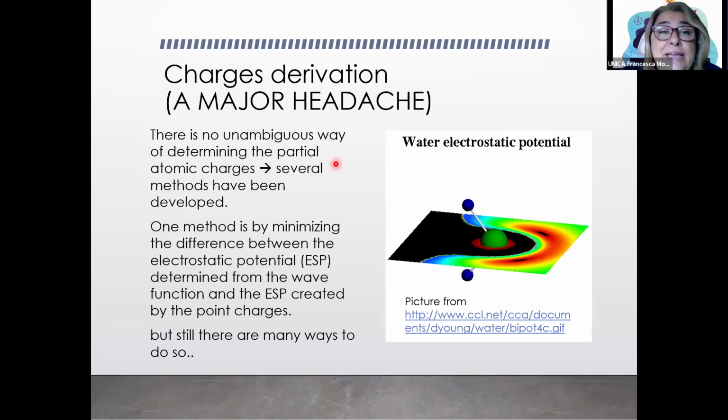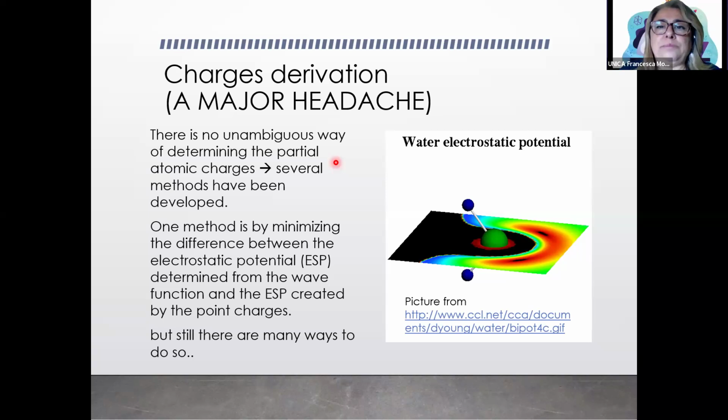This is due to the fact that while we are used to thinking in terms of atoms when we think about molecules, molecules being formed by different atoms, which seems an easy concept, in reality there is no quantum mechanical definition of atoms in a molecule. It is not a quantum mechanical observable.